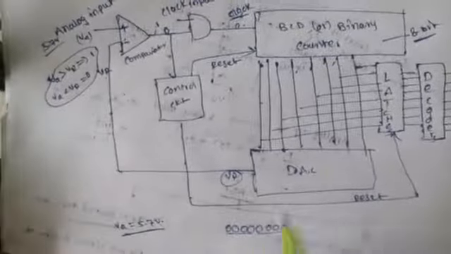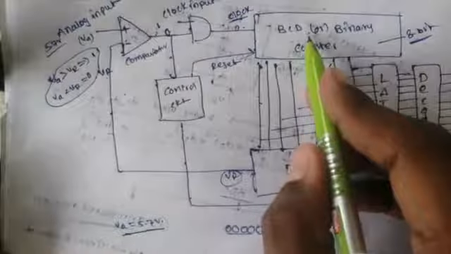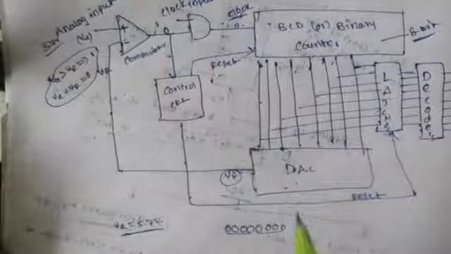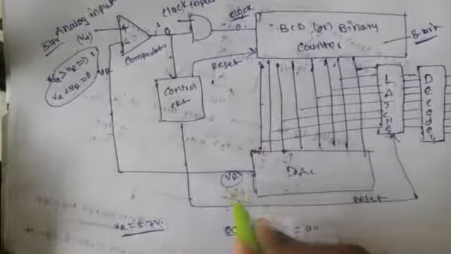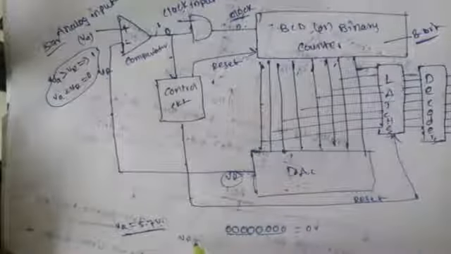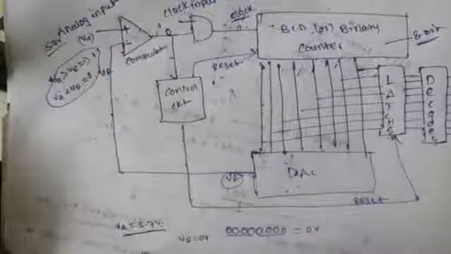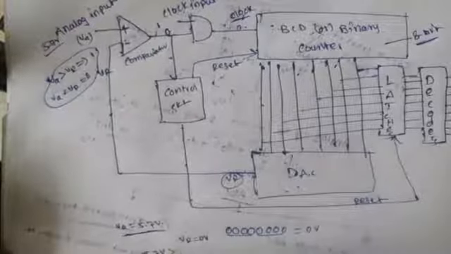This binary data 0 will be converted into analog, which is 0 volts. That 0 volts is applied to the comparator, so the reference voltage is now 0 volts. 5.7 volts is greater than 0 volts, so the comparator output will be logic 1.